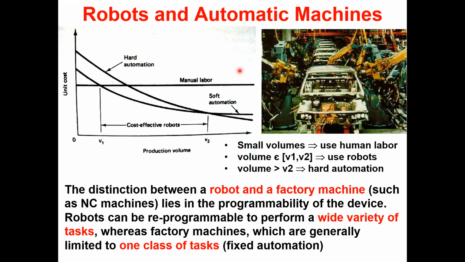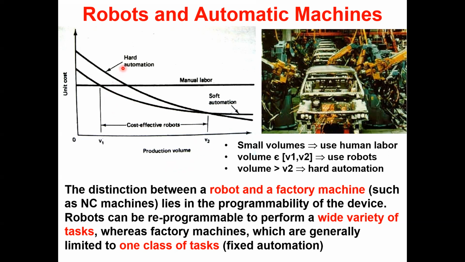One is flat. The soft automation, which is using manipulators, starts somewhere here, right? But it will drop quickly below the manual labor cost, and it will stay flat like that for higher production volumes.